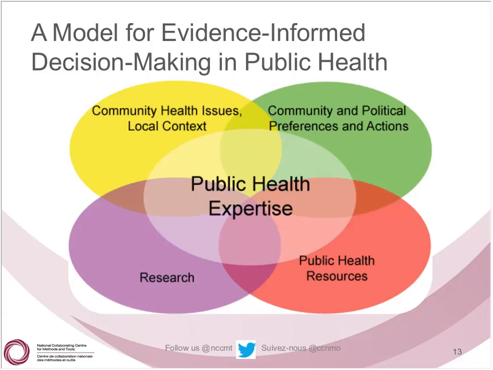So although in our approach to evidence-informed decision-making, we focus on finding and using good research evidence, all of these factors will come into play as we decide to implement a certain intervention or change something that we're doing in our community programming.